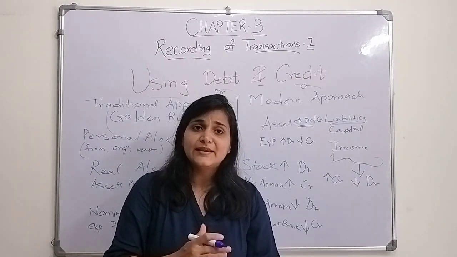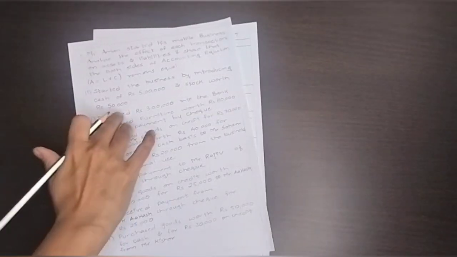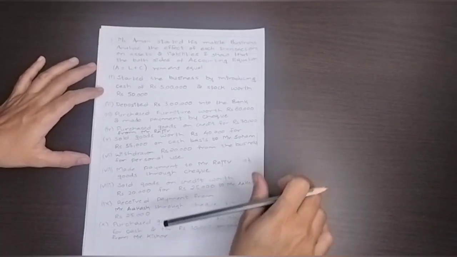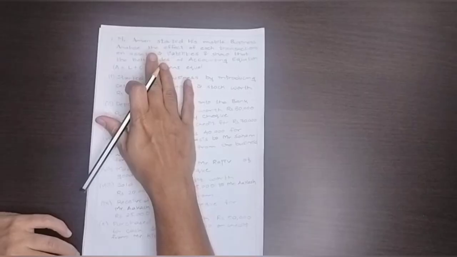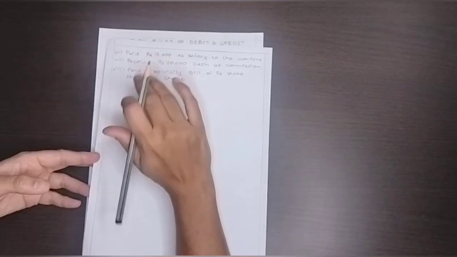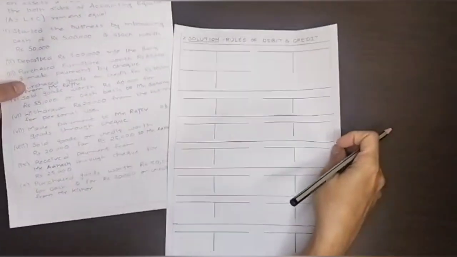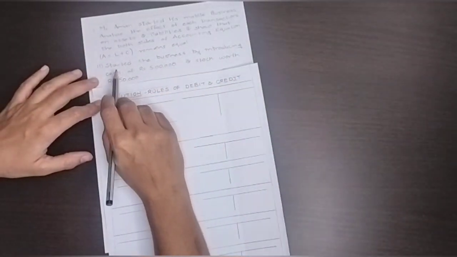Now we will deal with an example. I will take a full illustration. Okay, so we are going to deal with the same example for the rules of debit and credit. I have added 3 more transactions. We will deal with them when we do the rules of debit and credit. Okay, so what does the first say?